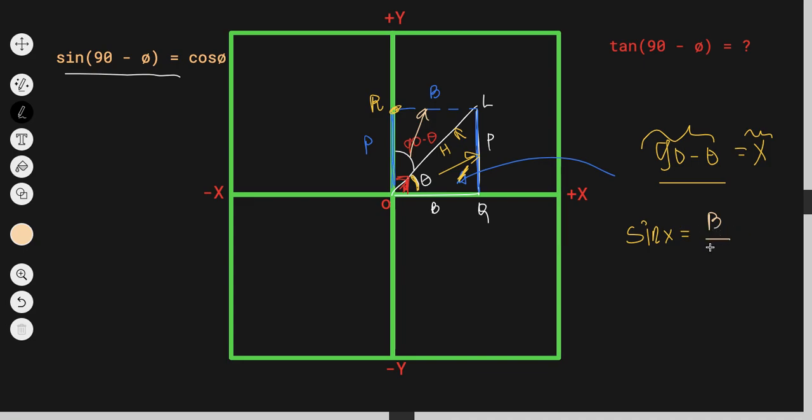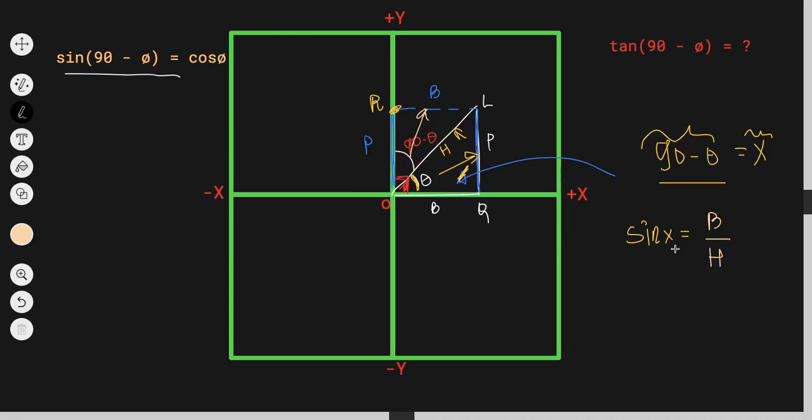Its hypotenuse won't change; it will remain as it is. Now when we are in this triangle, what will be the base? If I am situated at this angle, the base will be the part which was the perpendicular, and the perpendicular will be the base. I hope you are getting what I am trying to say.